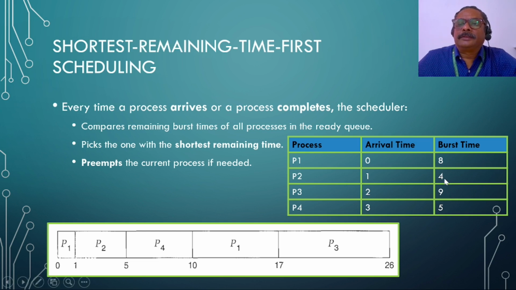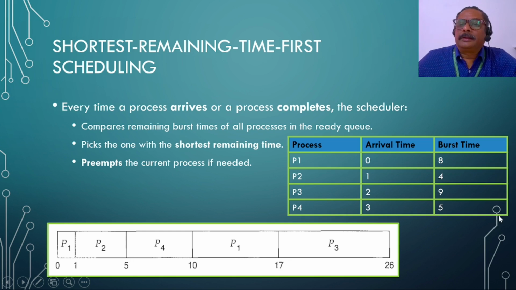Out of these, P2 requires only 3, that's the shortest, so P2 continues. The third slot P2 continues, the fourth slot also P2 continues, so P2 completes its 4 slots at 2, 3, 4 and 5.